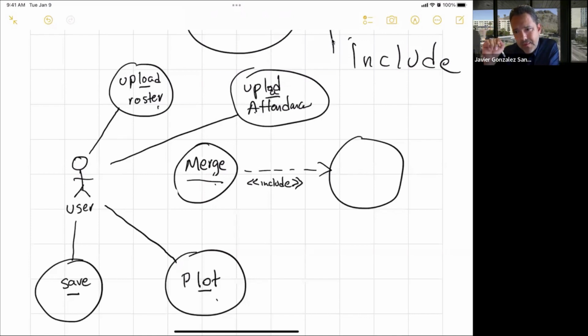What happened is, when you upload attendance, the merge starts, right? Always, always, always that I upload attendance, the merge happens. Can we say that the merge is inside of uploading attendance? Can we say that when you upload attendance, then the merge is going to happen? Can we establish a connection between them?